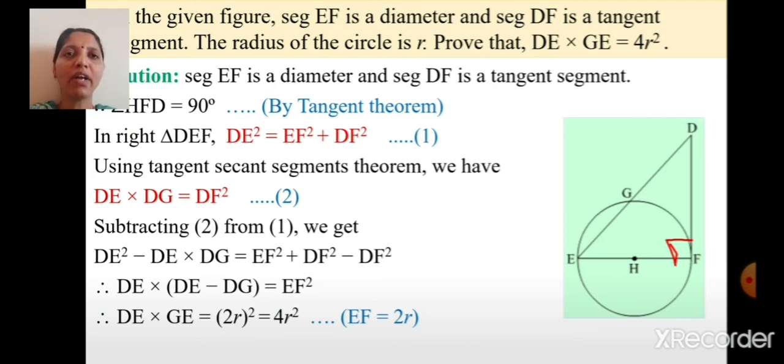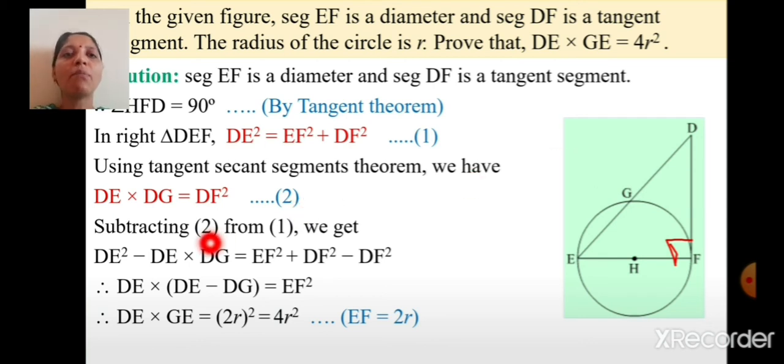So in right angle triangle DEF, you can write hypotenuse square is equal to EF square plus DF square by Pythagoras theorem. This will be your equation 1. Now using the tangent secant segment theorem, you can write DE into DG is equal to DF square. So this will be your equation 2.